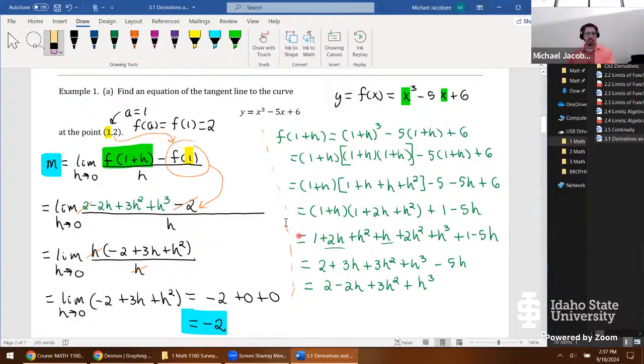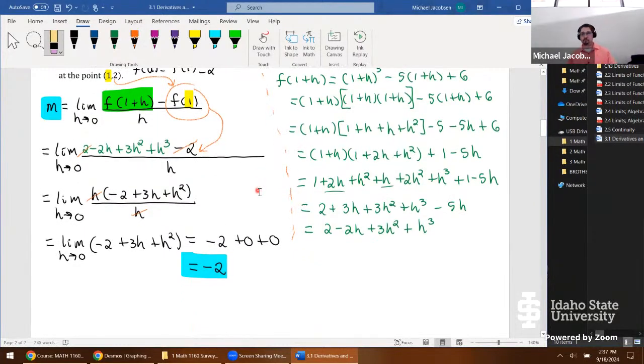Okay, so this is the hard step. The next step is just kind of a review of algebra. What we need is the point. So let me just rewrite m equals negative 2. The point was given right here, 1, 2. I'll call this x1, y1 equals 1, 2.